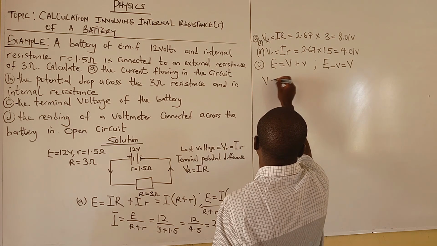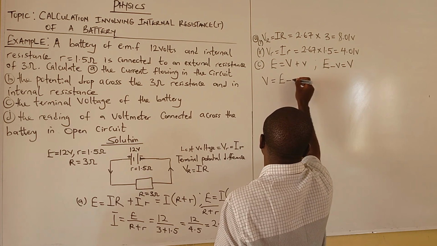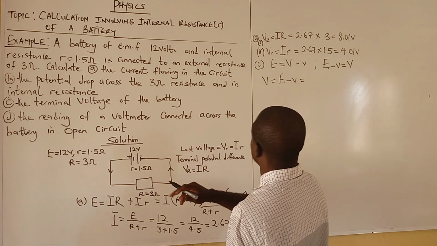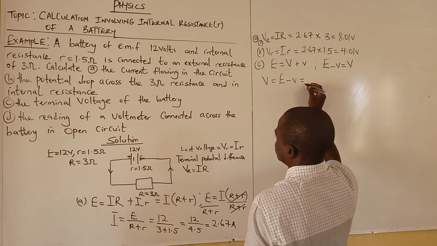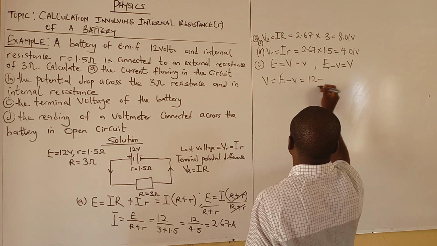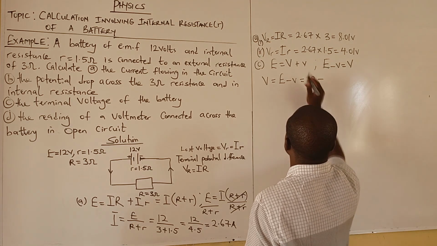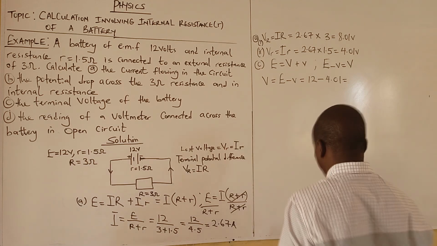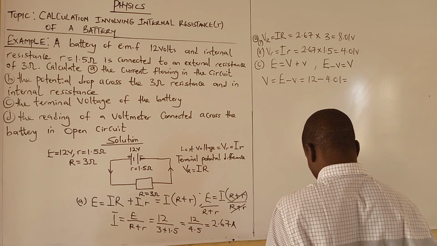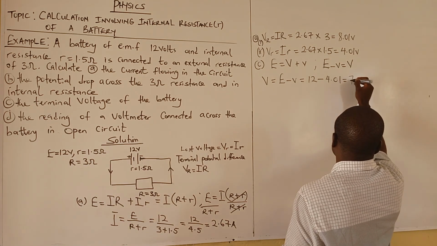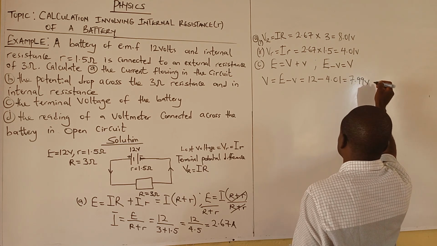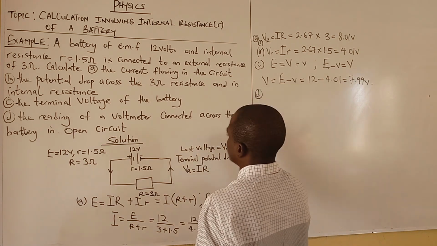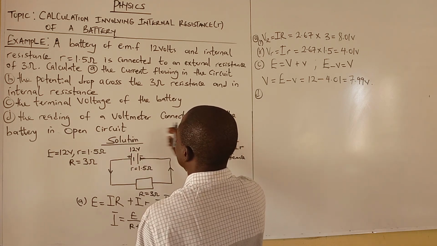Your terminal potential difference equals the EMF, 12, minus the lost voltage, 4.01. When you press your calculator, you have 7.99 volts.